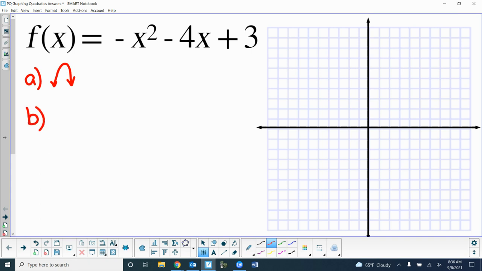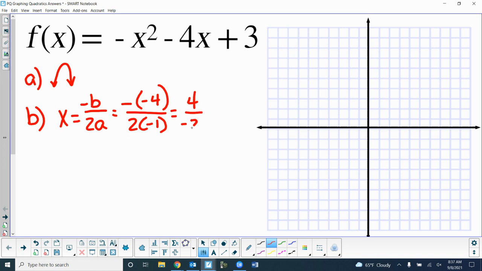For the second thing you have to answer is the axis of symmetry. And we're using this formula, x equals -b over 2a. So -b over 2a comes out to be 4 positive over -2. So x equals -2 is that answer.